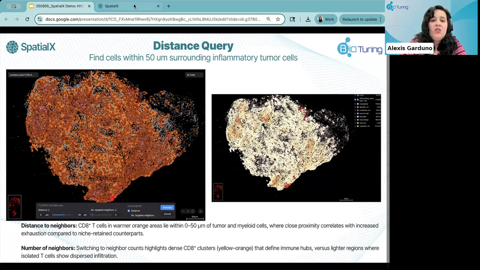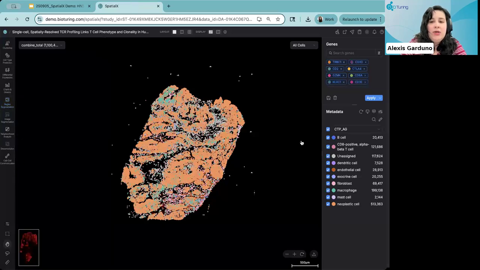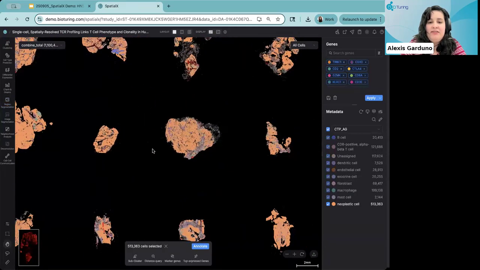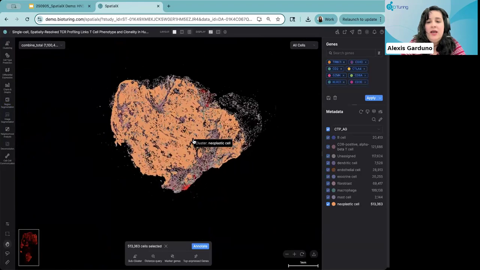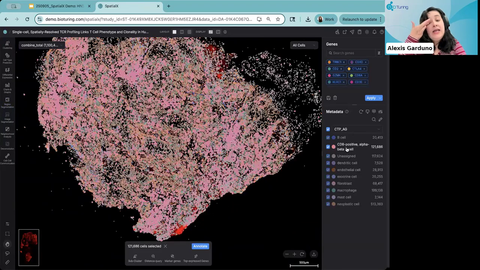So if I go back into the SpatialX system, I want to go into one of the samples I have, specifically relating to these reoccurrent tumors. I want to select the CD8 positive alpha beta T cells because I'm interested in seeing if there's any correlation with these exhausted markers and how close in distance they are to other cancer tumor cells within the tissue.